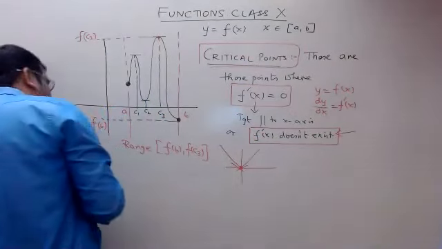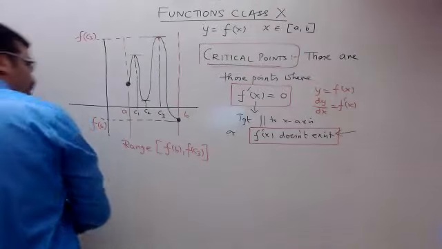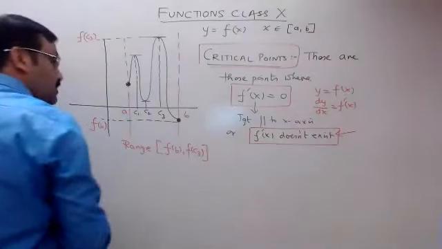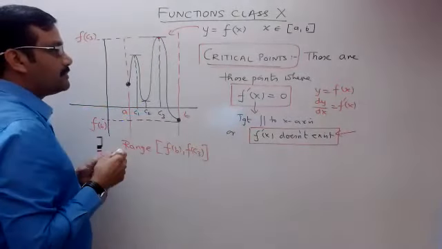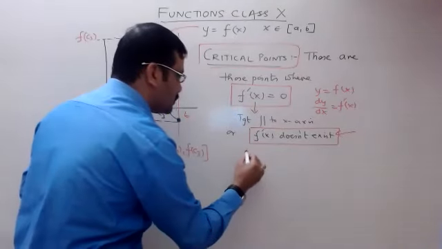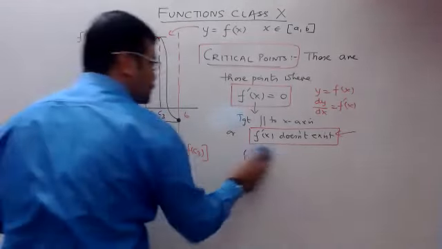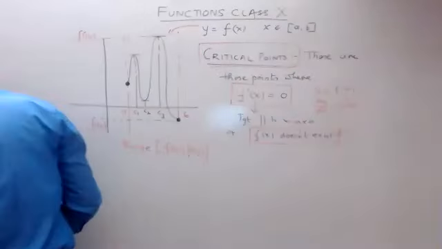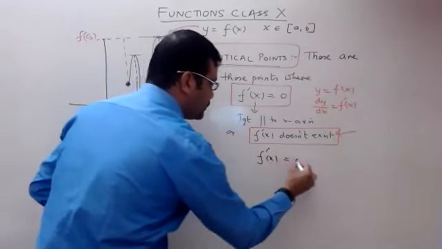After going for the critical points, what we are going to do? Try and understand. Suppose for this sum, this was y is equal to f of x. For this sum, you find f dash x. Tell me, f dash x is equal to 0 will give you what all points? This will give me those points where tangent drawn is... you did f dash x 0.